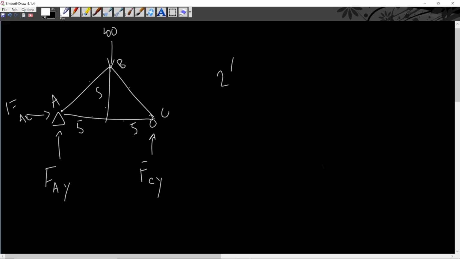So 2 times 3, and then we have 3 support forces, right? FAX, FAY, and FCY. So 3.